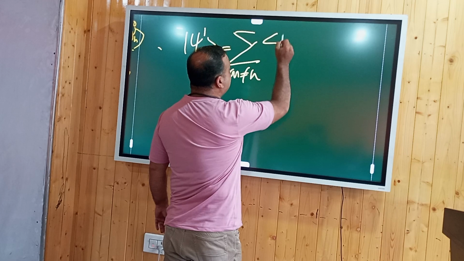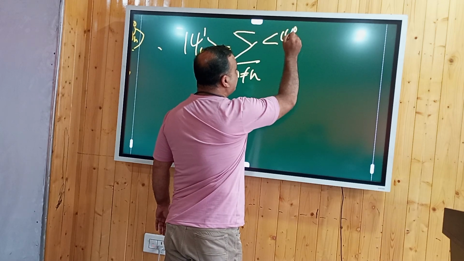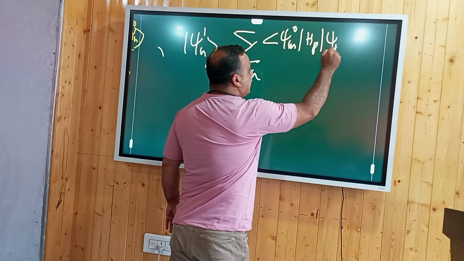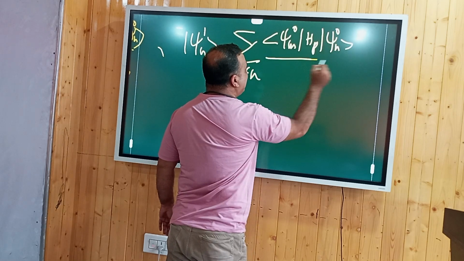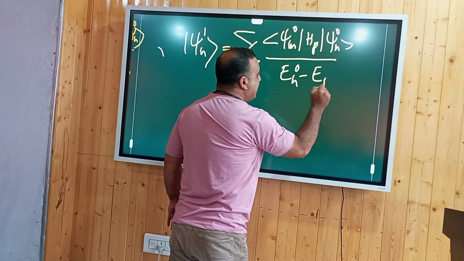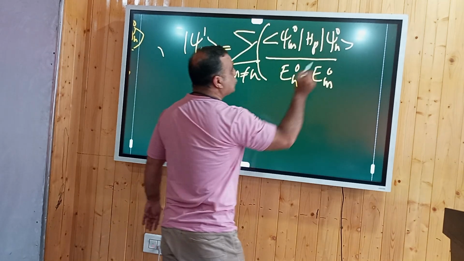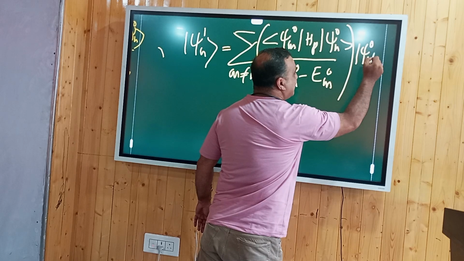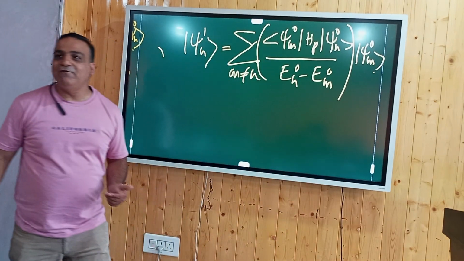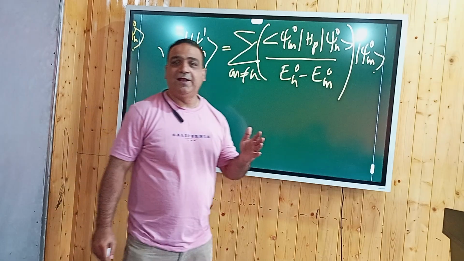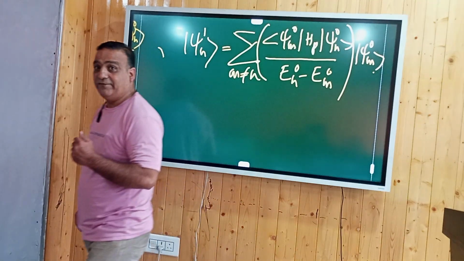And here you have the matrix element <ψ_m^0|H_P|ψ_n^0> divided by E_n^0 minus E_m^0, whole multiplied by ψ_m^0. So this equation will give you the first order correction to the energy eigenvector, right?